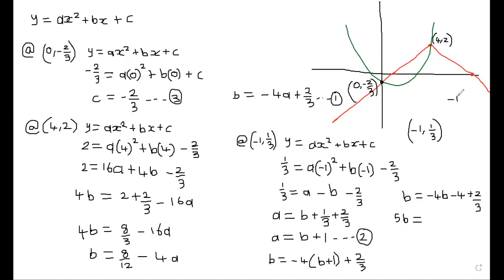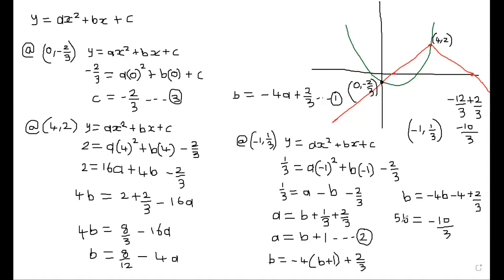Yes, negative 12 over 3 plus what? 2 over 3. Okay? Okay. So now we have a common denominator, so we can add negative 12 plus 2 is negative 10 over 3.